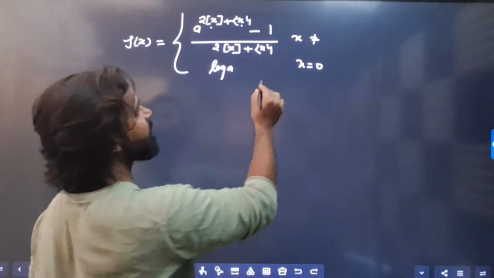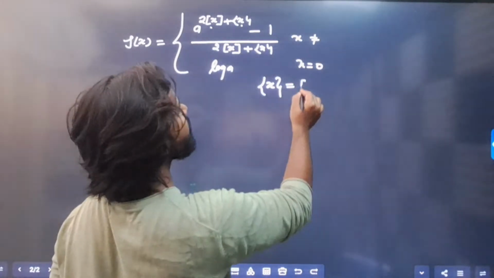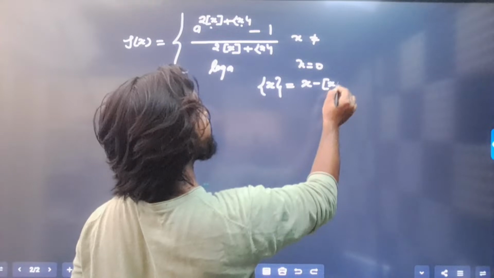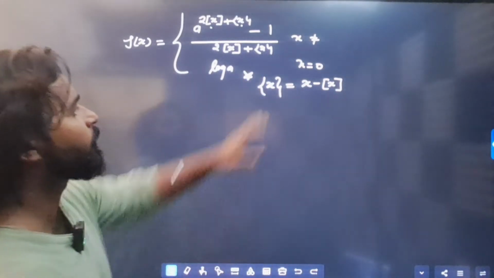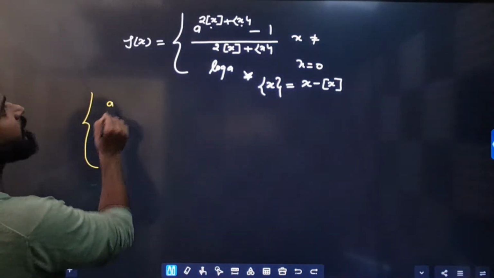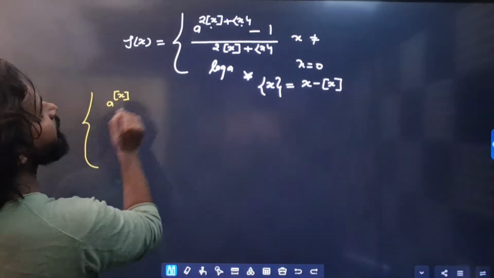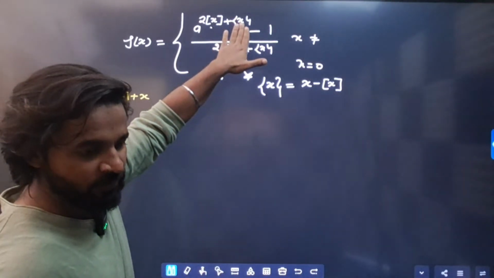I am telling you the fractional part of x is always equal to x minus the greatest integer function of x. I think you know this point very well. Now put this value in this function. So the function we can change: 2 times greatest integer function of x plus x minus greatest integer function of x.